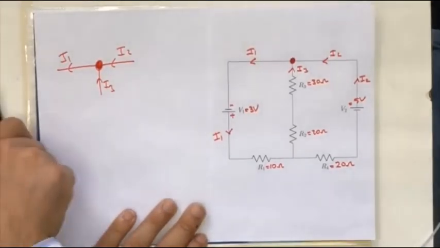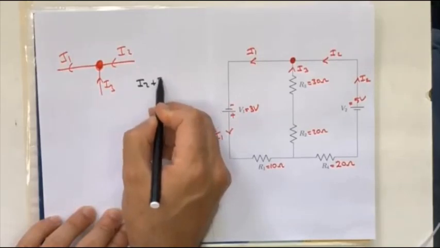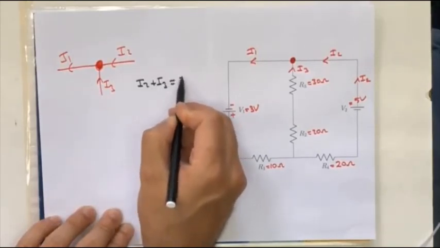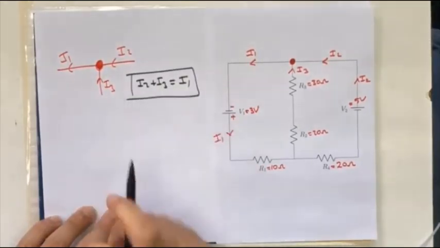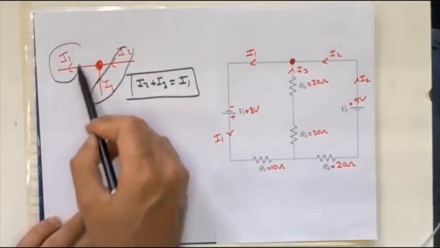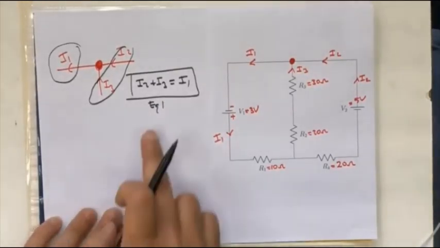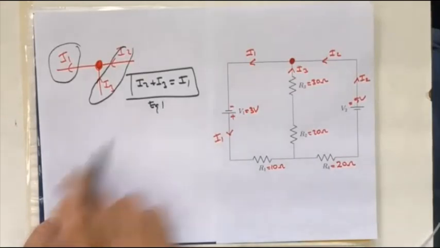The first equation will be like that: I2 plus I3 will be equal to I1. Why? Because the total current entering a junction will be equal to the total current leaving it. This is the first equation, which is obtained by the junction law.